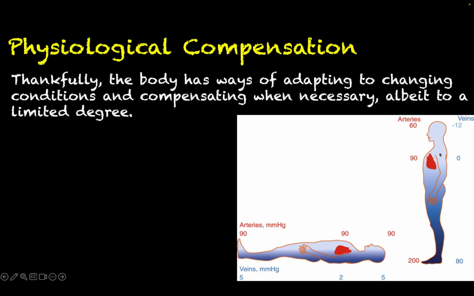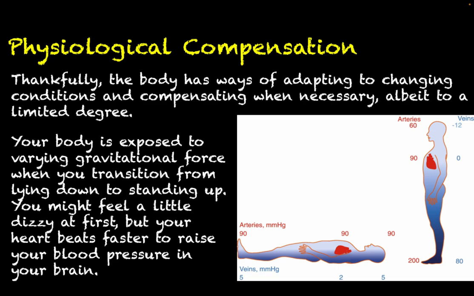Now when you stand up, suddenly gravity is pulling from your head down to your feet rather than from your back to the ground. So this is going to naturally pull blood from your head to your heart to your feet. So you can see now there is a difference in blood pressure that is related to top to bottom, as we saw before.